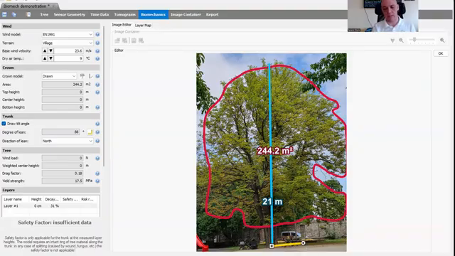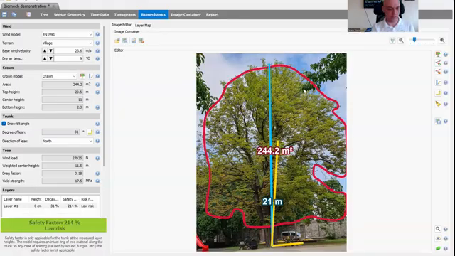And then I take a second point, and very often people confuse the second point. It's not the direction of the trunk. It should go to the direction of the center of mass of the crown. So in our case, the center of mass is a bit to the right on this tree, and I will put a point there.